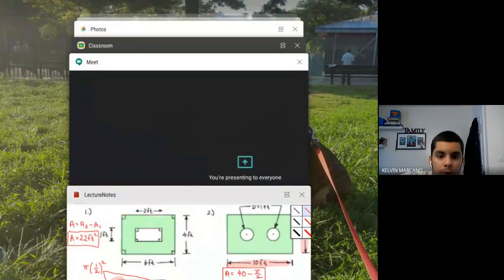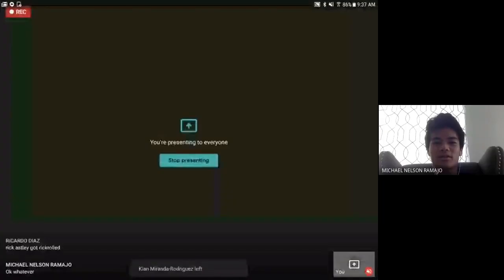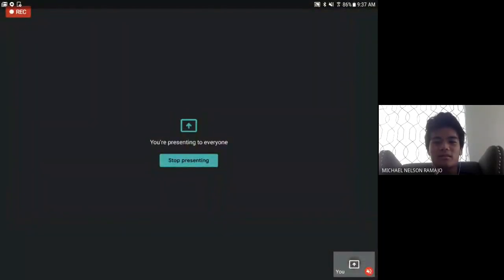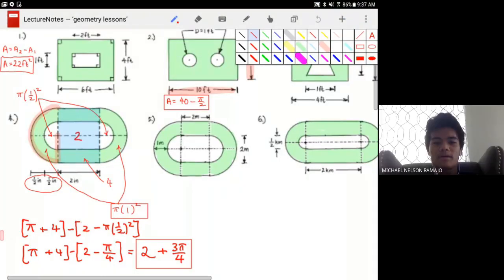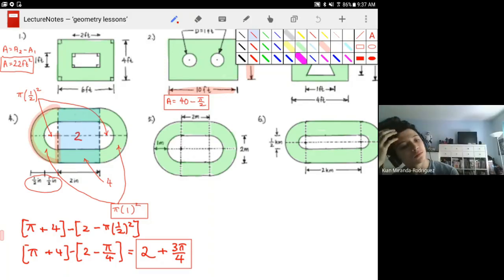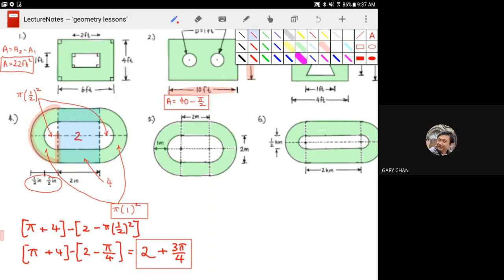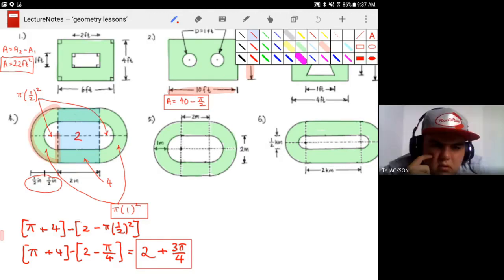Your tablet isn't frozen, it's the application. Now he is presenting. Is the screen refreshed?